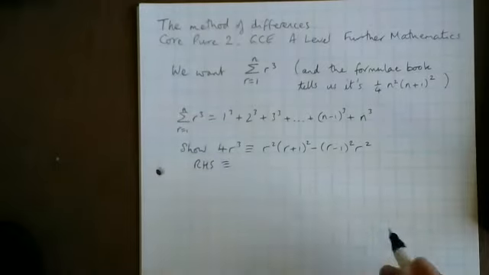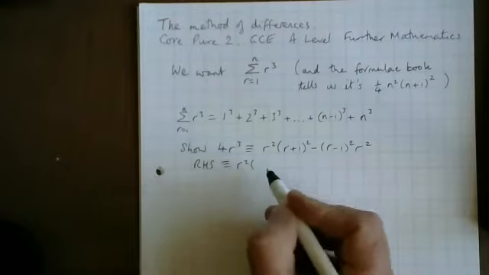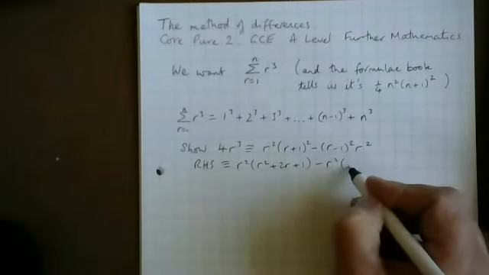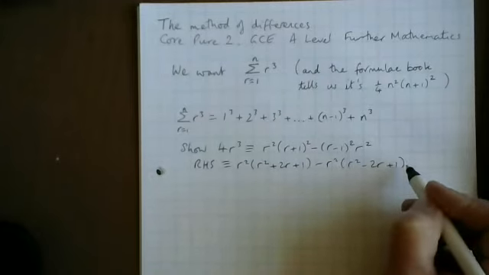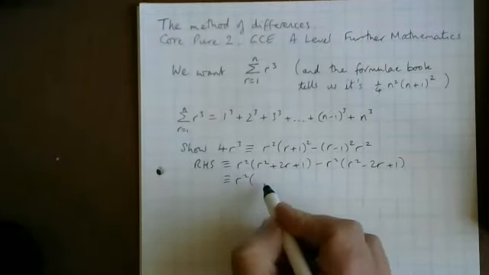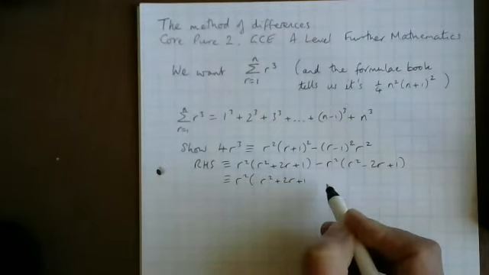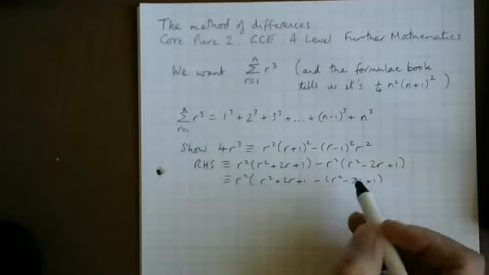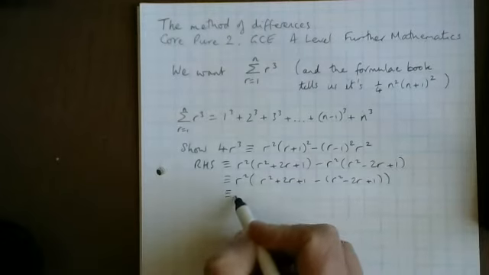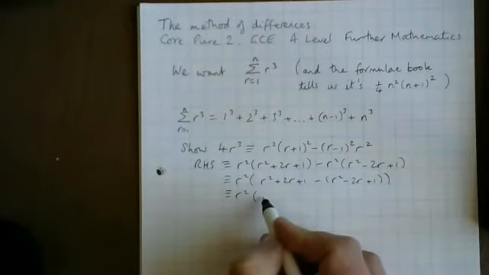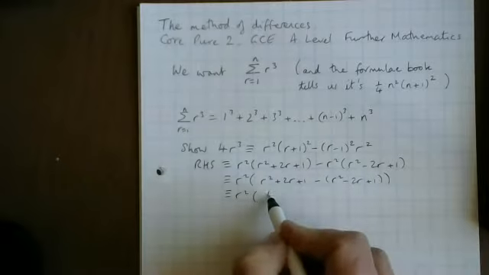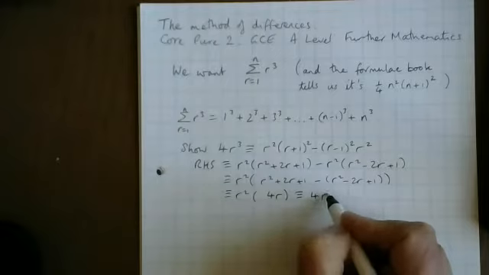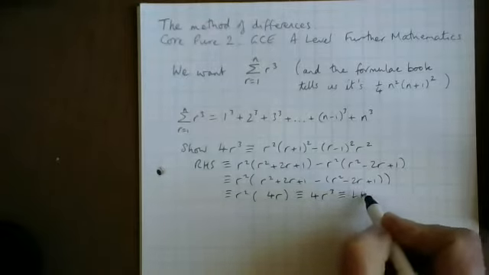The right-hand side is, expand this out, r squared times r squared plus 2r plus 1 minus r squared times r squared minus 2r plus 1, which is identical to r squared times r squared plus 2r plus 1 minus r squared minus 2r plus 1, which is identical to r squared times r squared minus r squared disappears, 2r minus 2r, which is 4r, 1 minus 1 disappears, which is identical to 4r cubed, which is identical to the left-hand side.